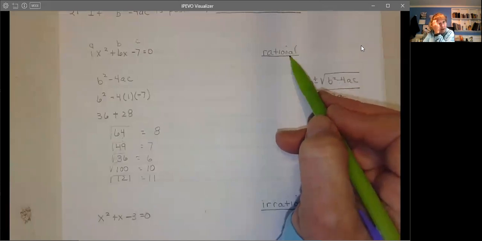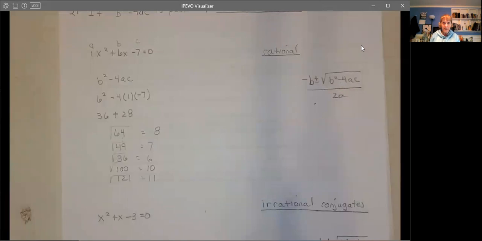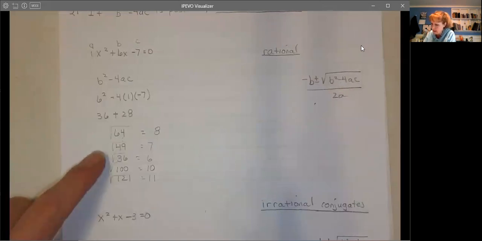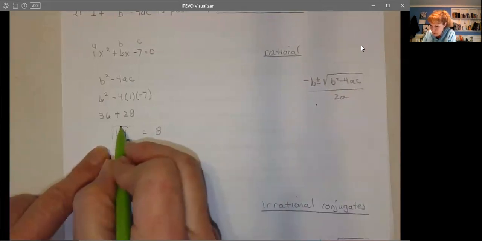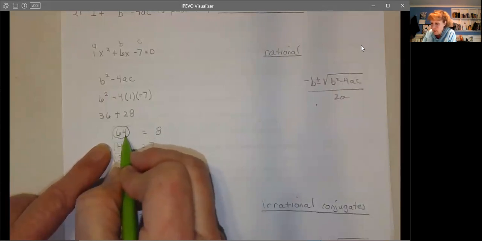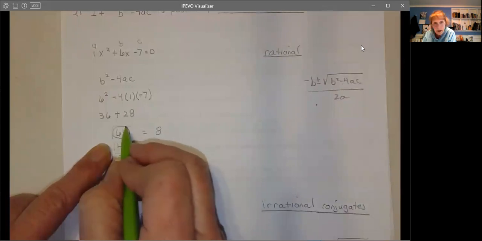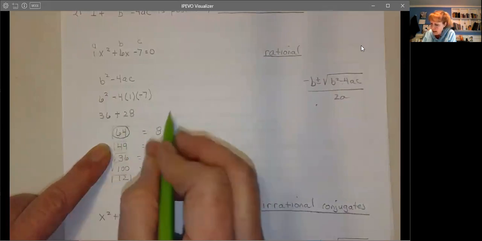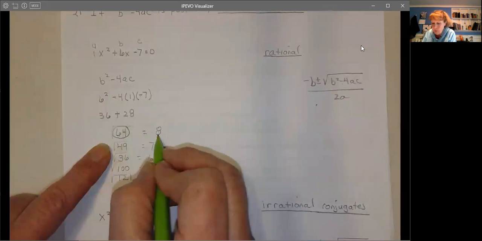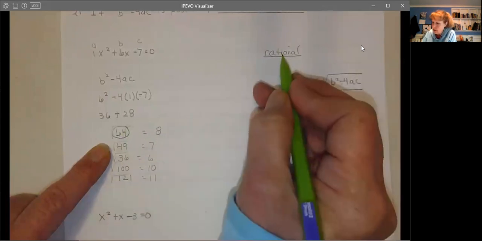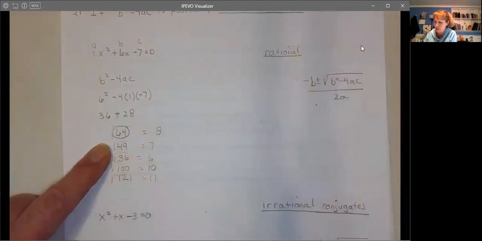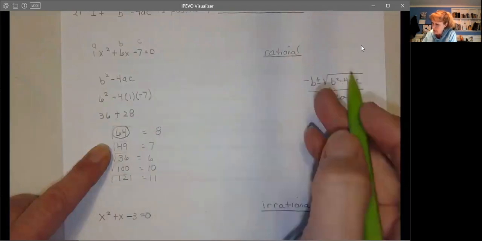We know our discriminant was positive, so we have 2 real solutions. Because it's a perfect square, the square root would be 8, so it's going to be a rational real solution. Let's go ahead and find that.